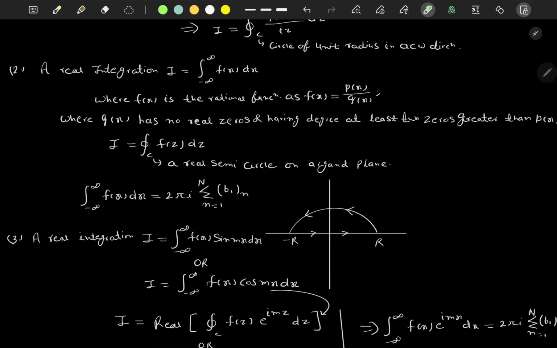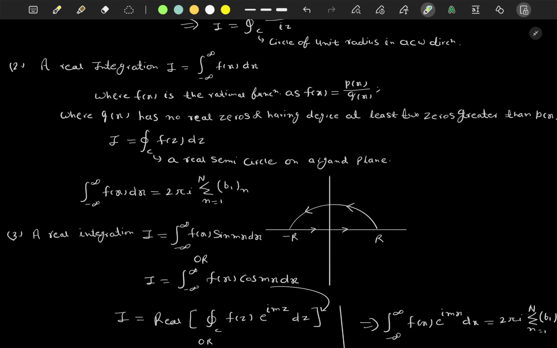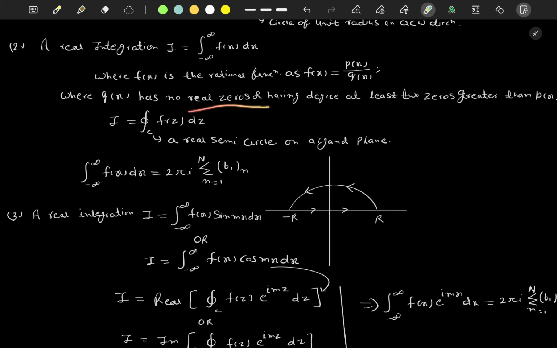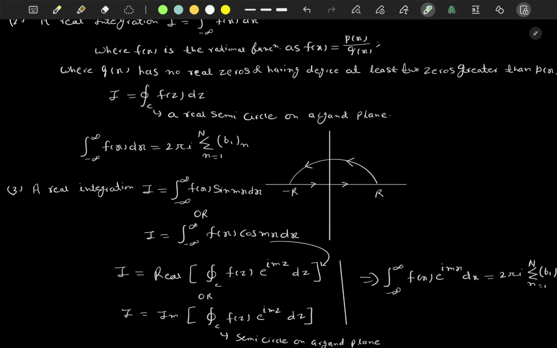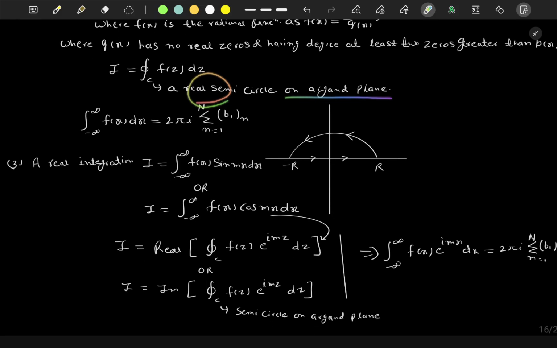Now, if you have the real integration in the form of a function of x, with limits minus infinity to plus infinity, and the function of x can be defined as p(x) by q(x). Now, if q(x) has no real zeros, meaning q(x) not 0, and its degree is greater than that of p(x), the denominator degree being greater than the numerator, then you will calculate the integration around a semicircular contour in the upper half plane like this.